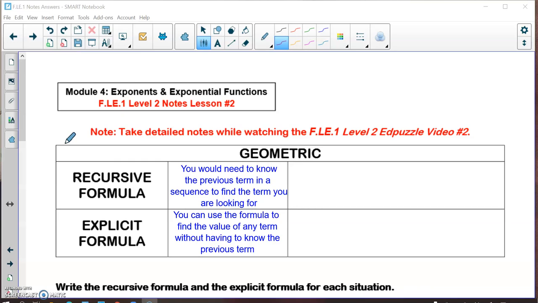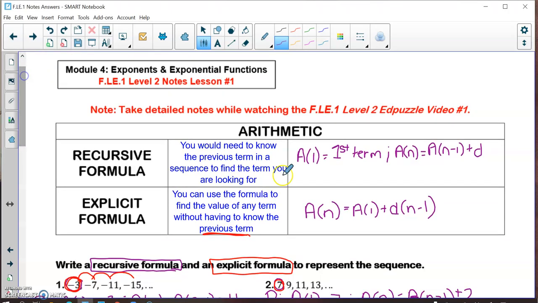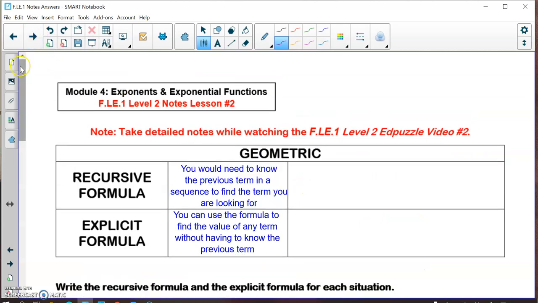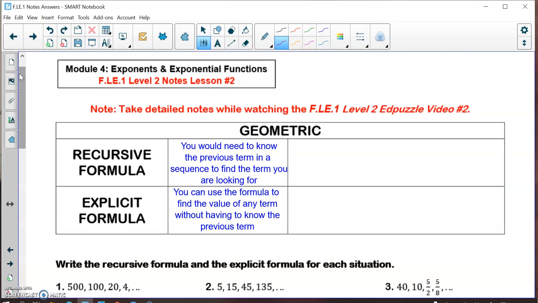And to distinguish between arithmetic sequences and geometric sequences, we actually use a different format. In arithmetic sequences, if you remember, we used function notation. In geometric sequences, we're going to use sequence notation. So for a recursive formula for a geometric sequence, we write lowercase a sub 1, which means this is not an exponent of 1.